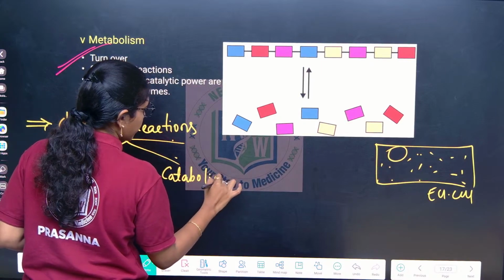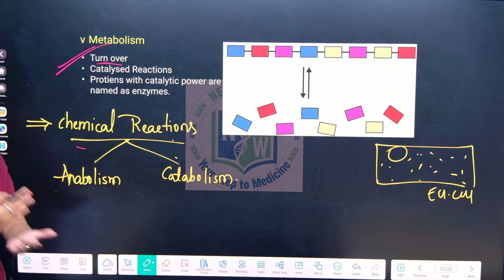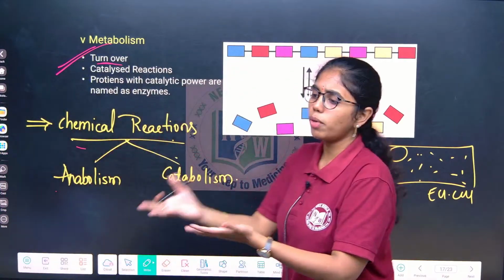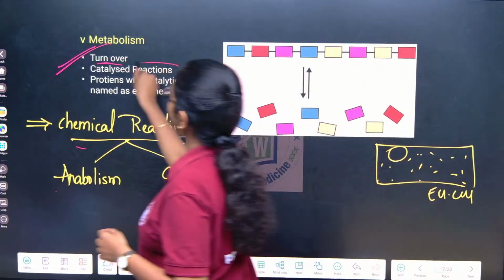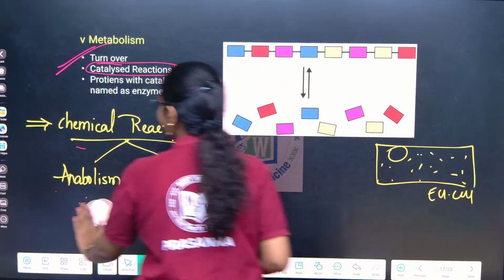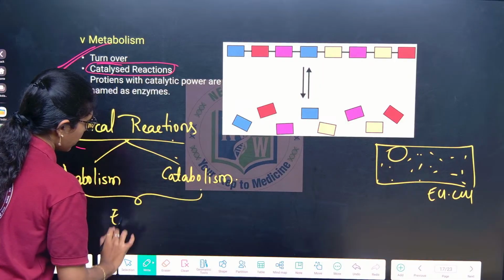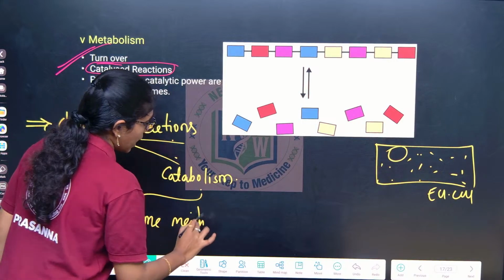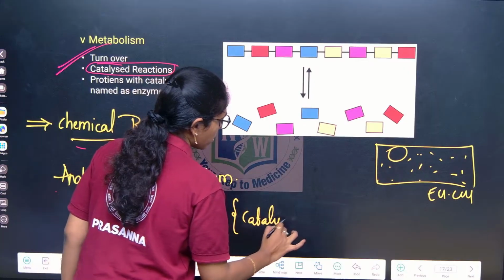Anabolism includes synthesis of macromolecules. Catabolism includes breaking of macromolecules into simpler molecules, right? So these will be what? Catalyzed reactions. All these anabolic and catabolic reactions are enzyme mediated inside the cell, which means these are catalyzed reactions.